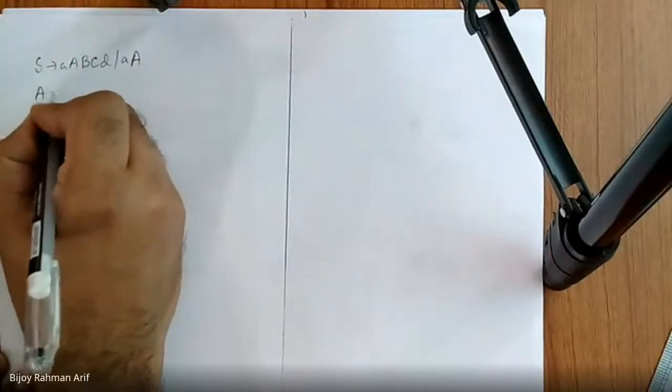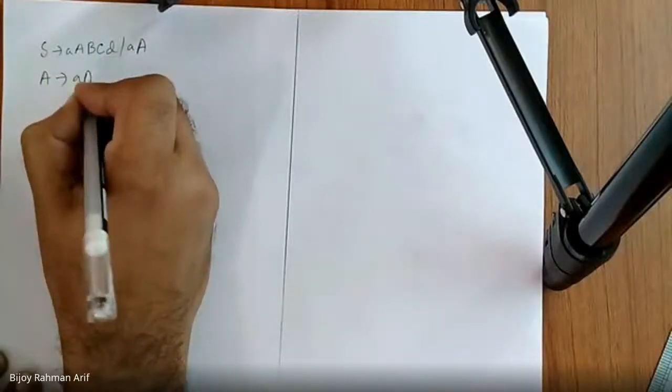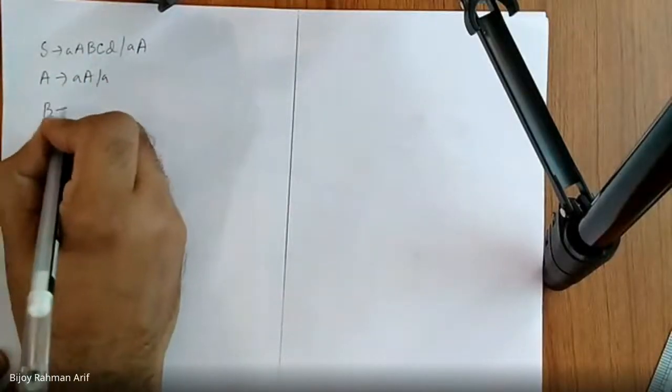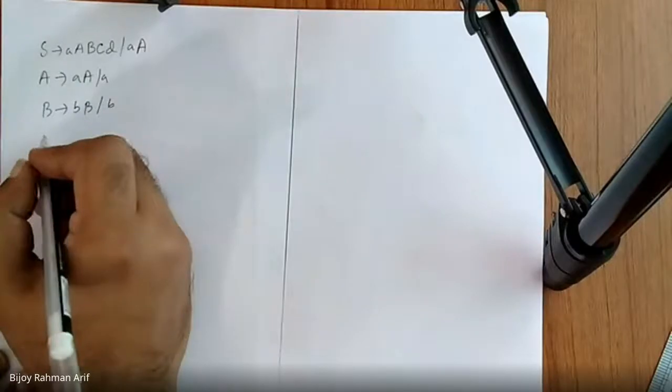Then A derives small a, capital A, small a, capital A. B derives small b, capital B, small b, capital B, B. Then C derives small c, capital C, small c.